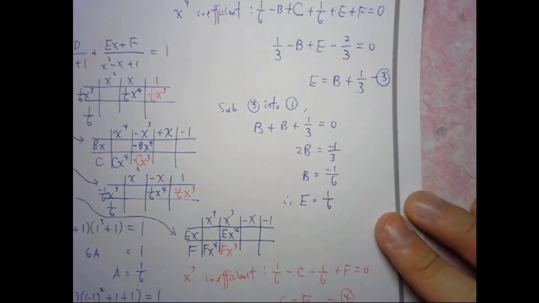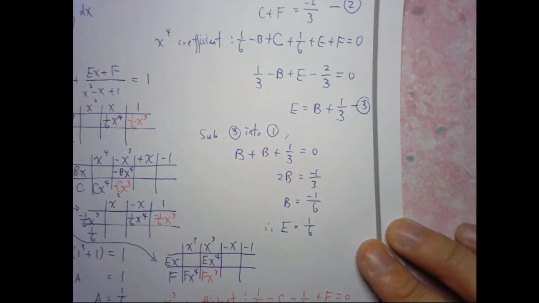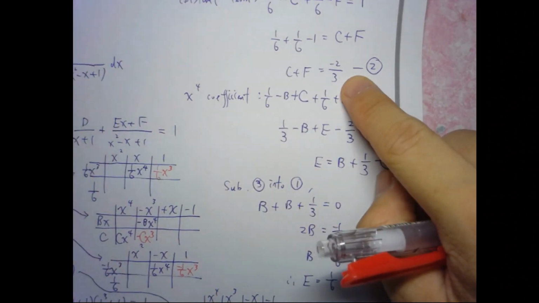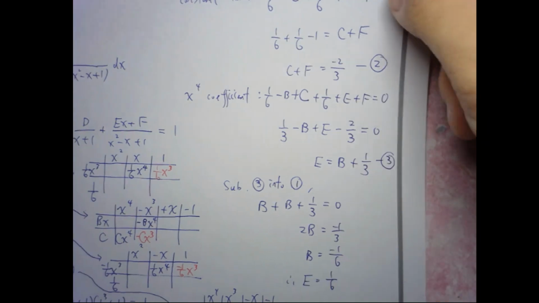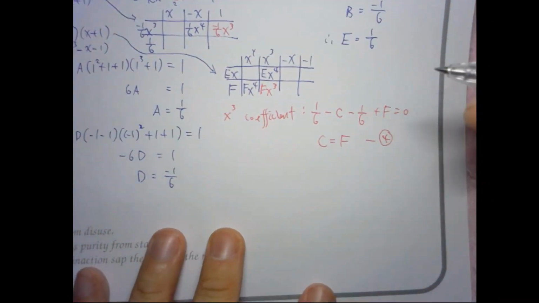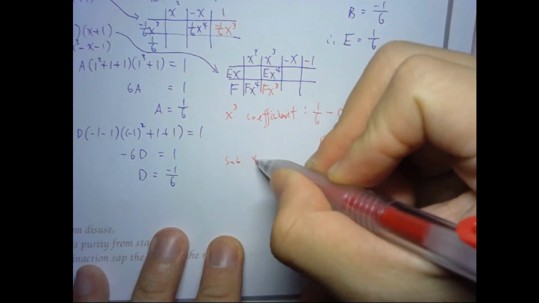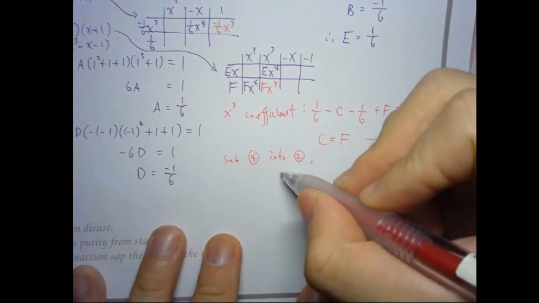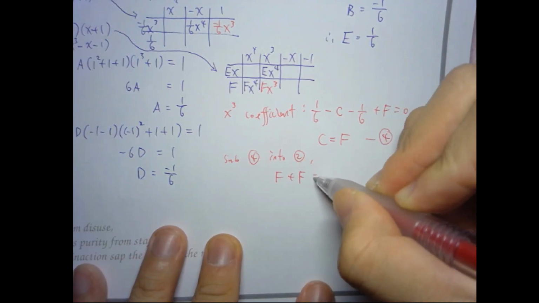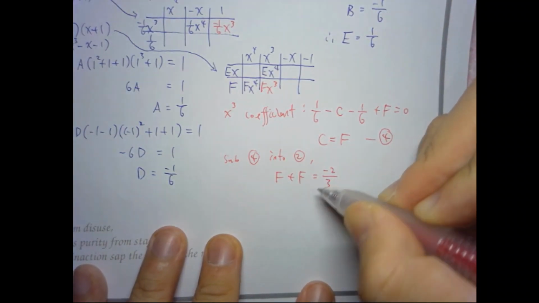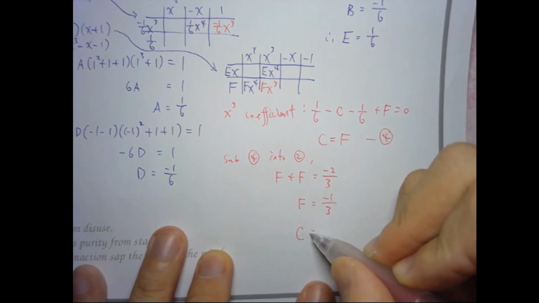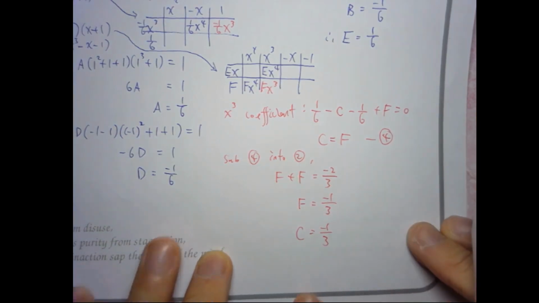This is also good because we have the previous equation, the second equation, c plus f is equal to negative 2 over 3. So we substitute 4 into 2: f plus f is equal to negative 2 over 3. So f is equal to negative 1 over 3, and also c is equal to negative 1 over 3.